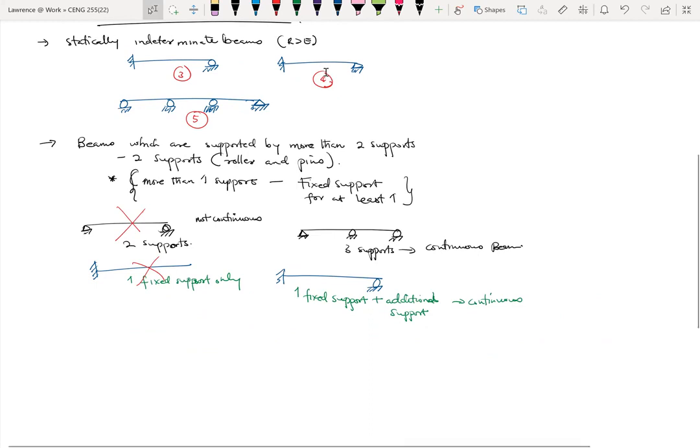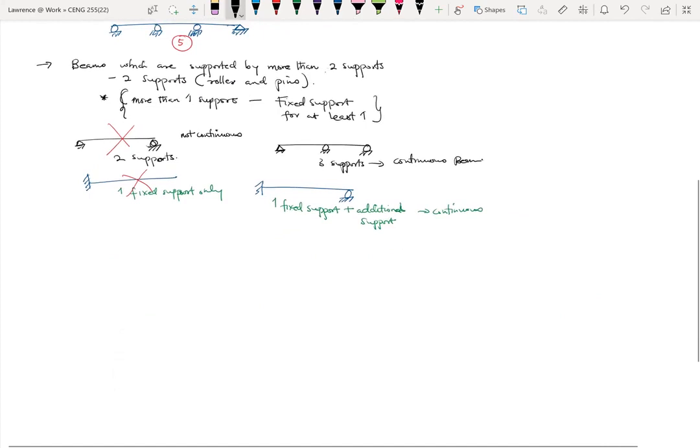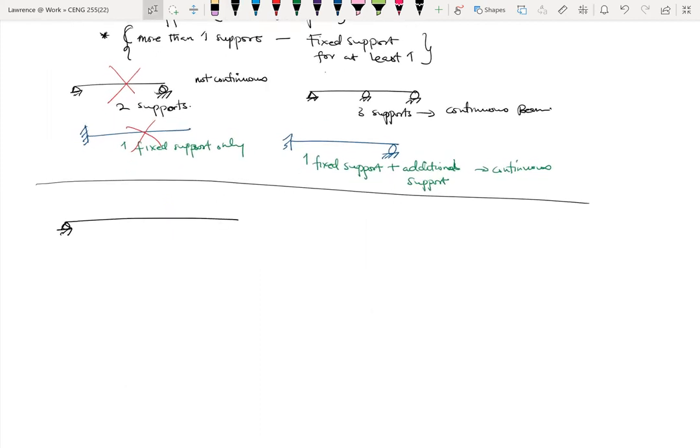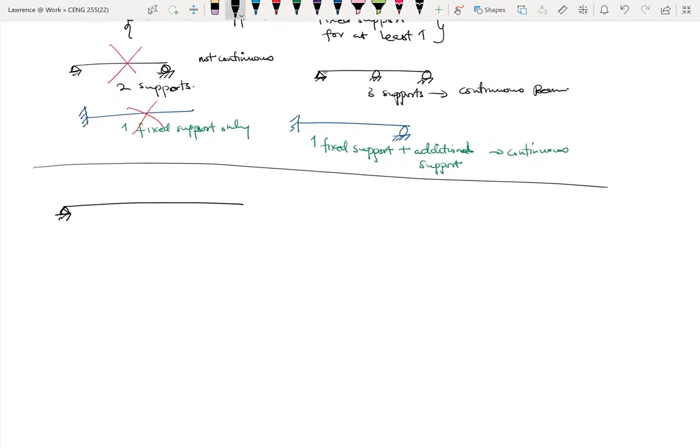So typically, let's say you have a beam that has a pin support, and then some rollers on it, and then you have some distributed load on it.